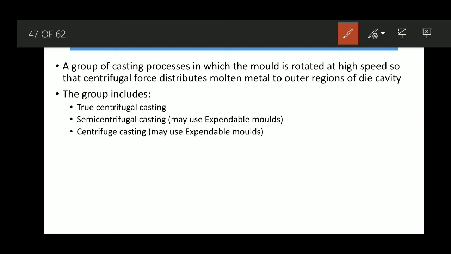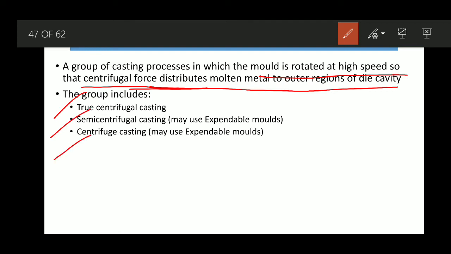The mold is rotated at high speed, so that centrifugal force is generated and distributes the molten metal in the outer region of the die cavity. There are some subgroups of centrifugal casting.